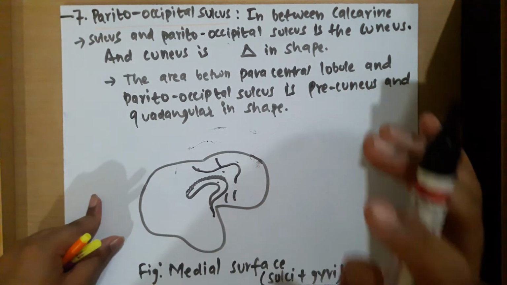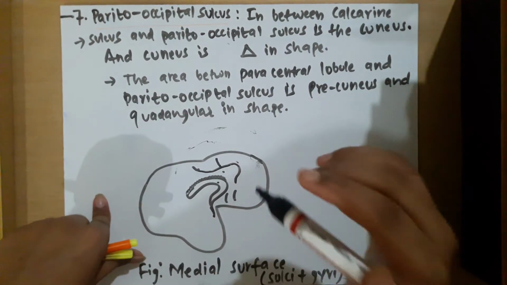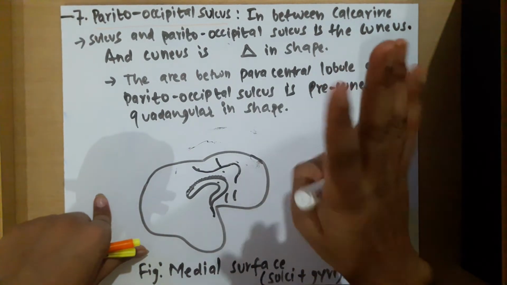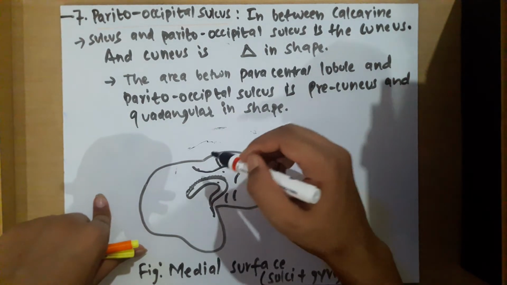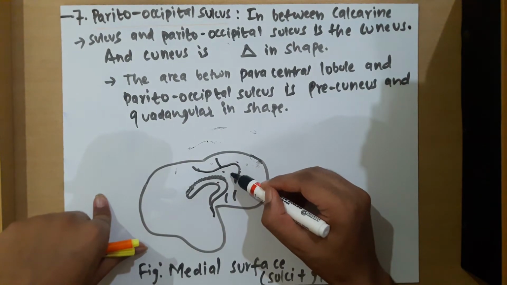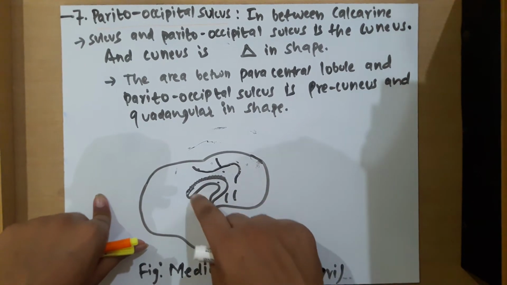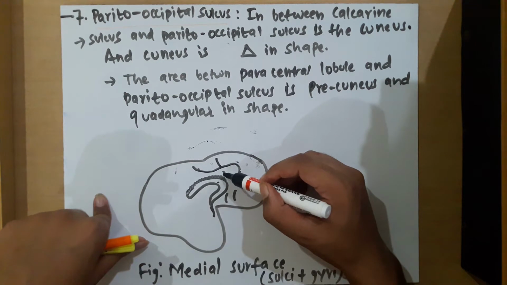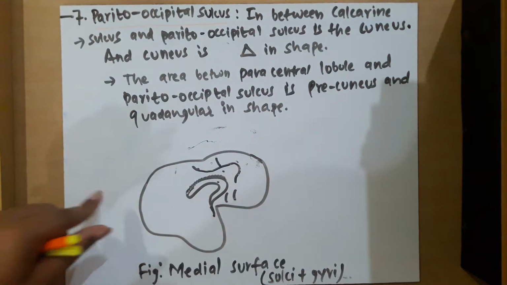And while discussing the cingulate sulcus, we told that the area above it is divided into two parts, the medial frontal gyrus and the paracentral lobule, while the area below the cingulate sulcus is known as the cingulate gyrus. So this is the cingulate gyrus, corpus callosum and the callosal sulcus, and the corpus callosum and the cingulate gyrus are separated by the callosal sulcus. Okay, I hope you are clear up to here.